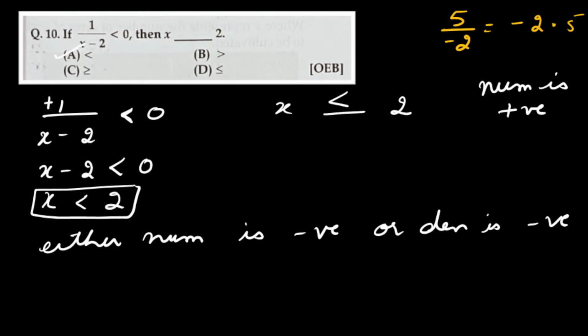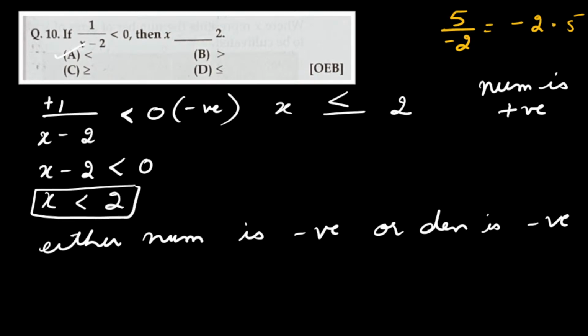If anyone has any doubt in this question, let me know. I'll explain it once again. See, less than 0 means a negative number. So any fraction can be negative when only one, not both, is negative. If both numerator and denominator are negative, then the negative signs will cancel and the fraction's answer will be greater than 0 because we will get a positive answer.